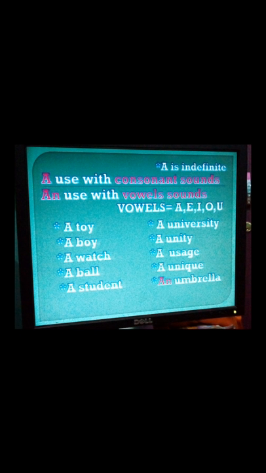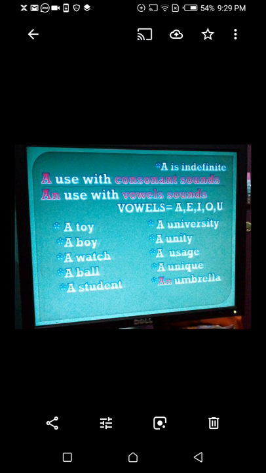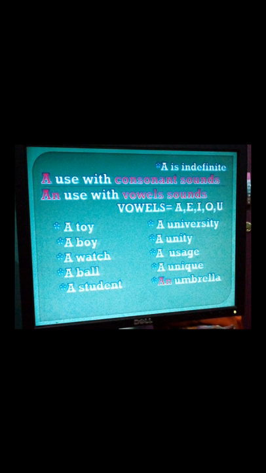Unity. Why did I not put an before unity? Because unity begins with the ya sound, so that's why I put a. Usage comes from the ya sound, so it is also a consonant sound, so we use a.